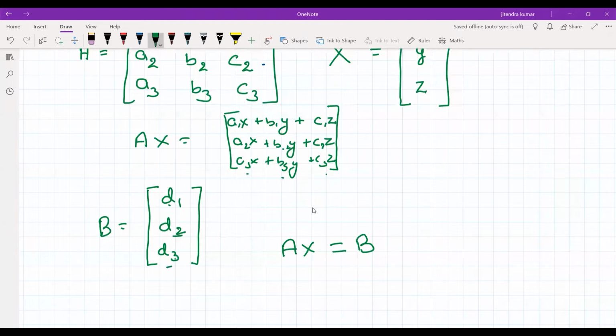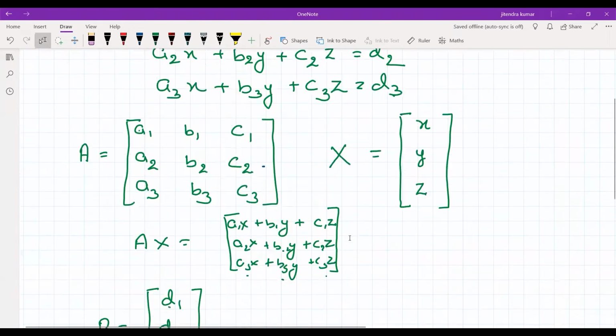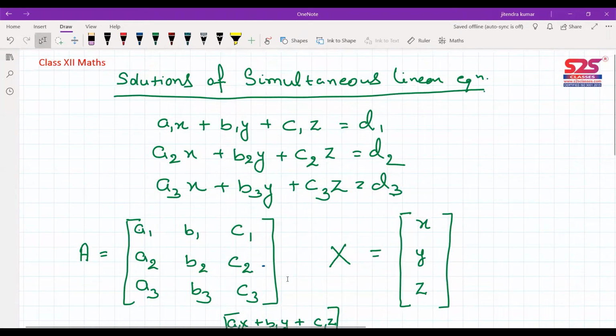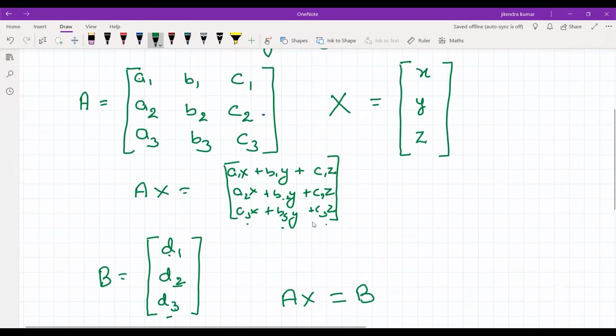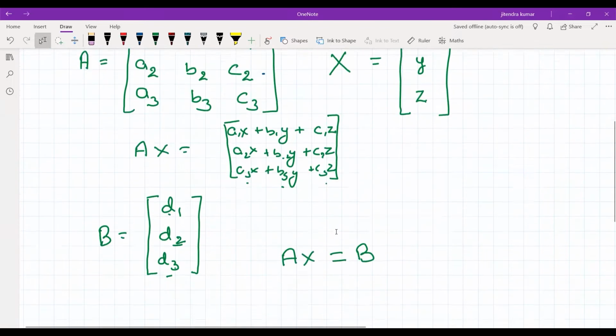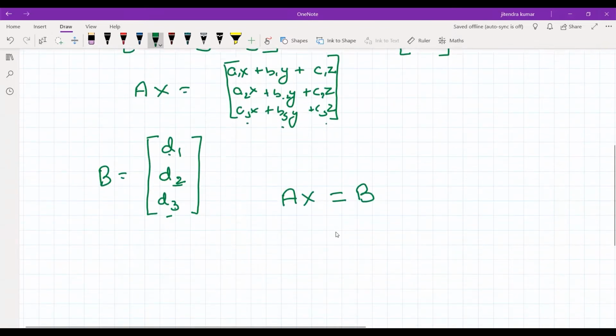Those are the three equations that we are given here. So that is the reason we have considered these three matrices in this way. If we multiply A into X, that will be equal to B.